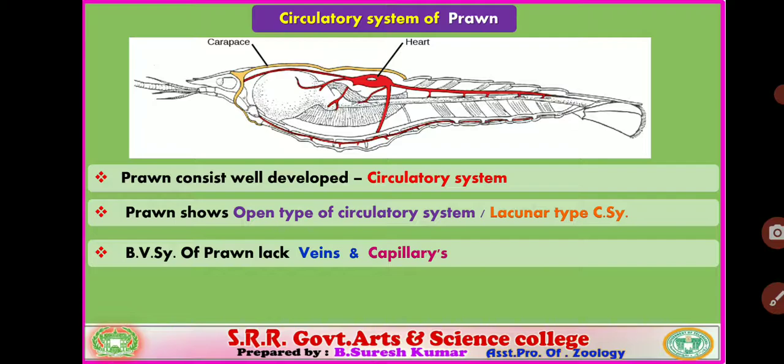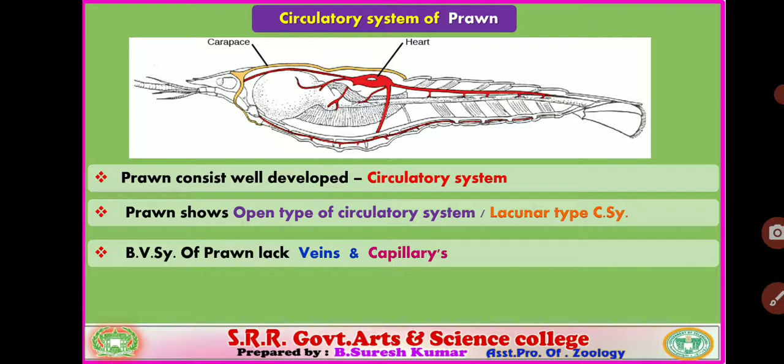But here the phenomenon is completely different. The heart pumps the blood into arteries, and the arteries empty that blood into empty body spaces. The spaces are called what? Sinuses. That's why it is called open type of circulatory system. So the blood vascular system of the prawn lacks veins and capillaries. Remember, it is very important.